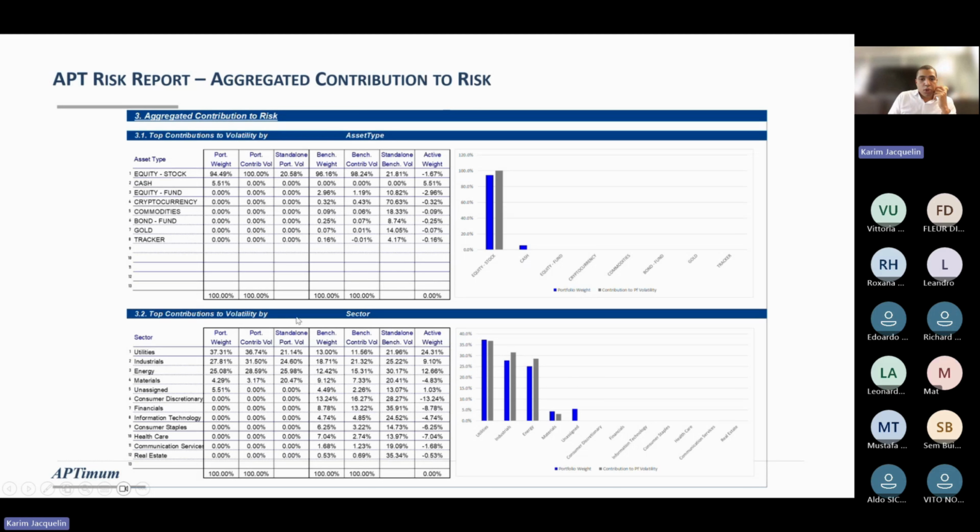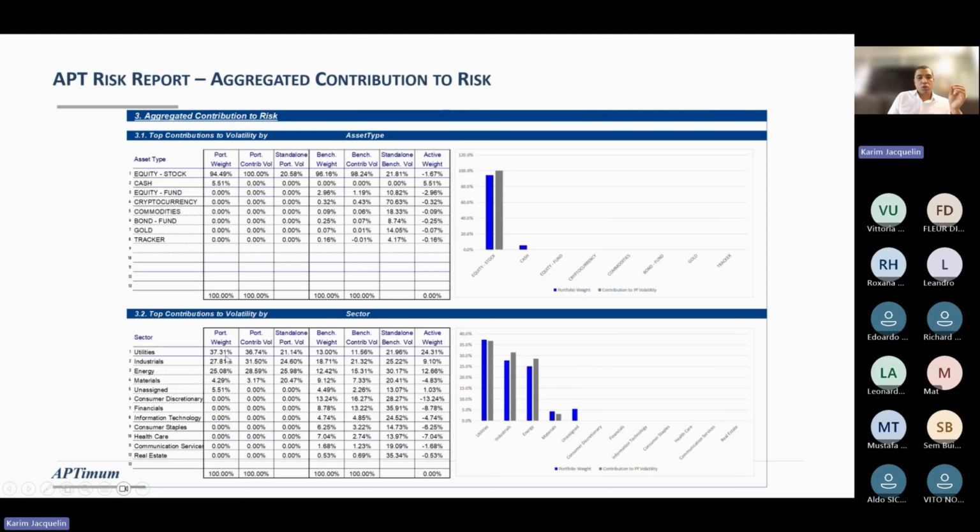Same approach, but using sectors only for equities. So if you invest in ETF or crypto assets or whatever, those instruments would be under unassigned section.